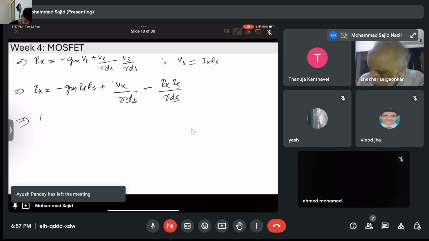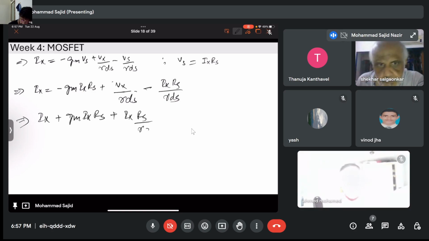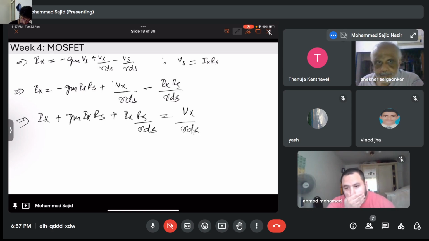So this will be Ix plus Gm Ix Rs plus Ix Rs by Rds is equivalent to Vx by Rds.